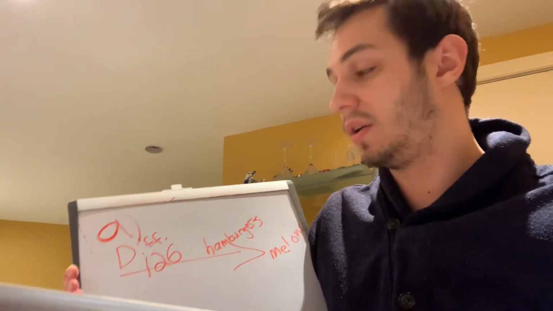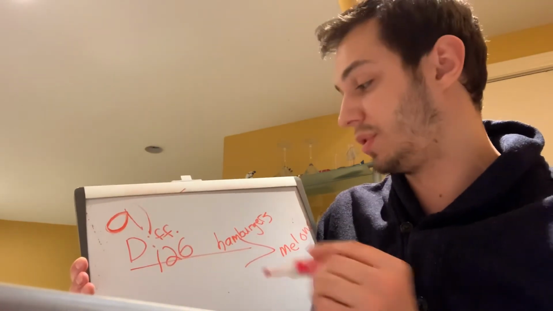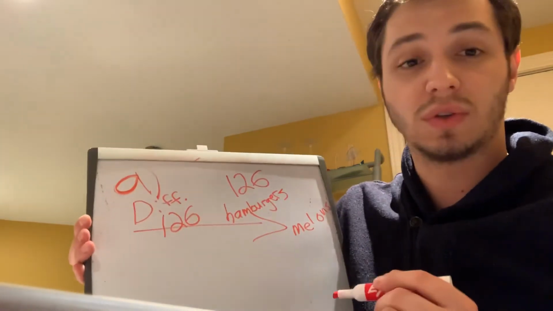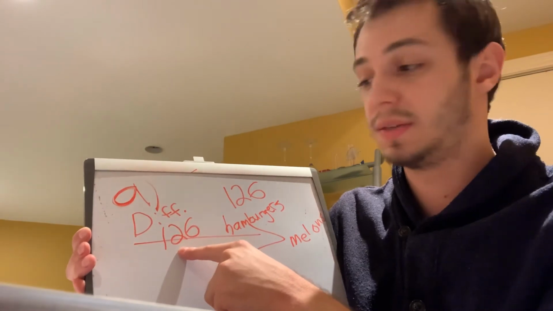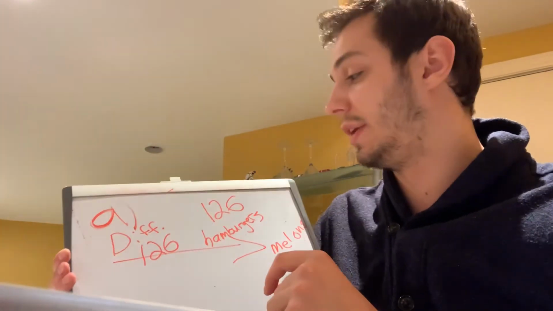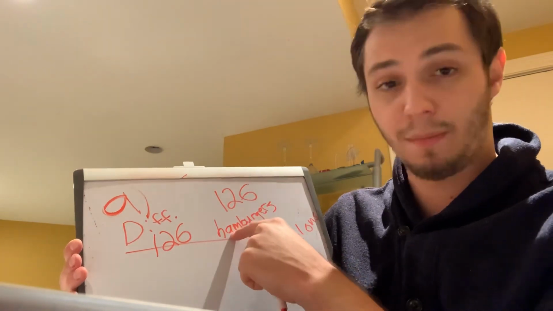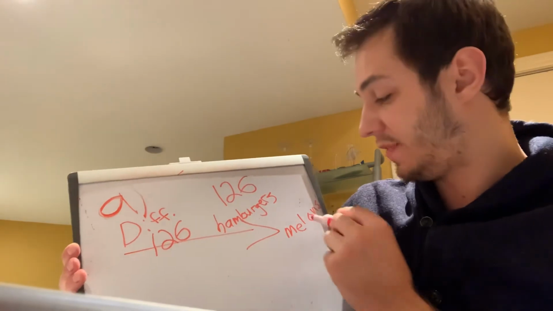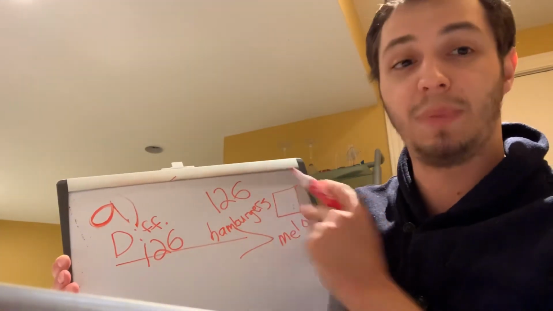So it tells us that 126 girls ate hamburgers, right? So that will be our second number. So far we have our difference number, which is 126. From looking at the chart, it told us that 126 girls ate hamburgers, which is our other small number, and we have to solve for how many girls ate melons. This will be our big number.